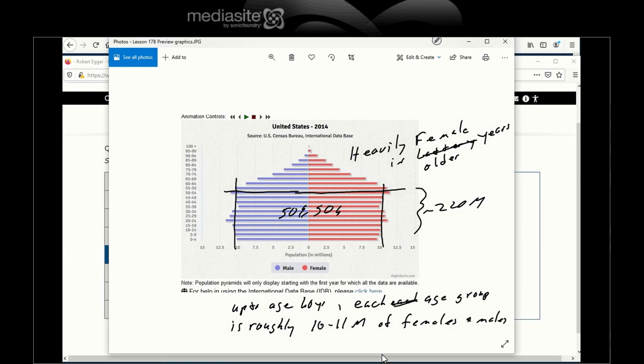Missed one: 2, 3, 4, 5, 6, 7, 12. 240 million is 60 or under. And it means about 100 or so million is older than 60. So I'll look at stuff like that.